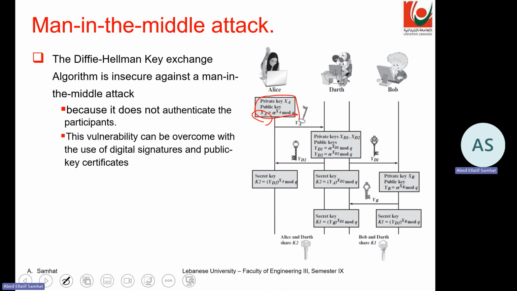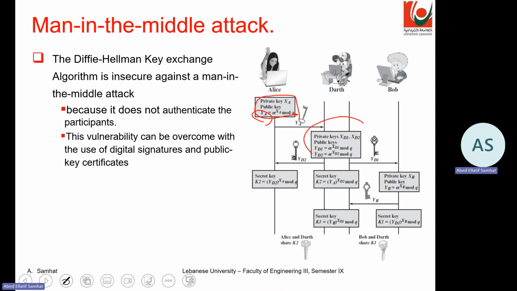But when sending YA to Bob, Bob doesn't have any mechanism or tool to verify that YA is coming from Alice. Also, when Alice sends it to Bob, Alice is not aware if a third party or an attacker could also take this value.